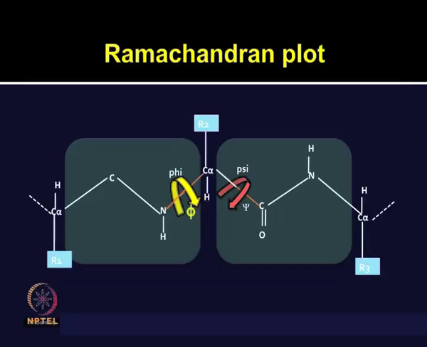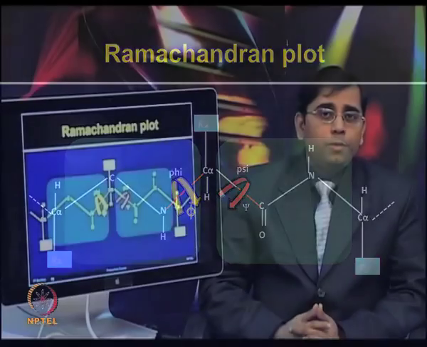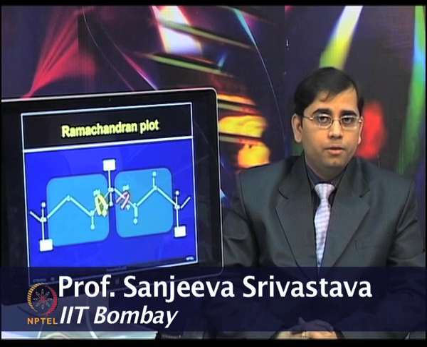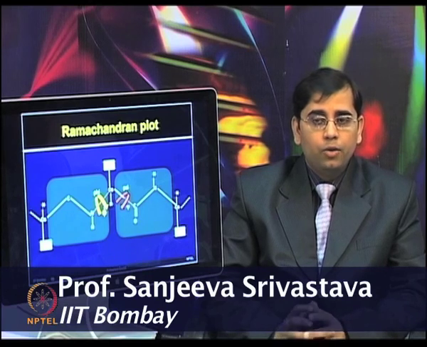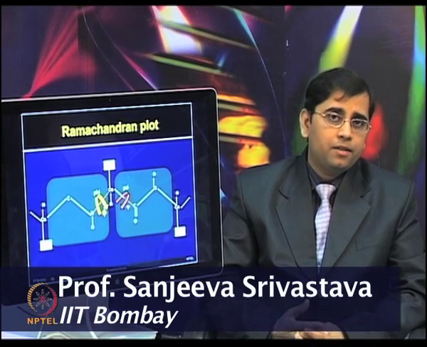The allowed combinations can be viewed on a 2D plot, which is known as the Ramachandran plot or Ramachandran diagram. There could be many possible combinations, but not all are allowed because of steric hindrance and collision between various atoms.